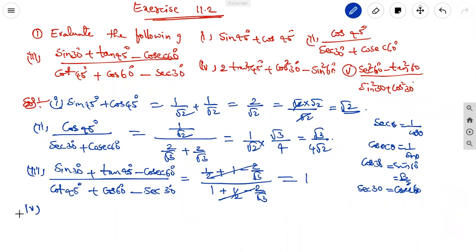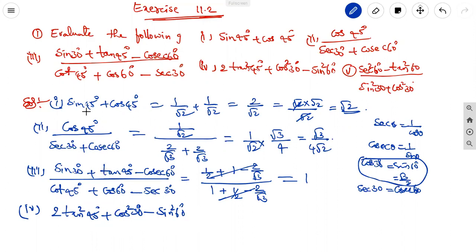Fourth one. 2 tan square 45 degrees plus cos square 30 degrees minus sin square 60 degrees. Here I already wrote sin 60 and cos 30 equal to root 3 by 2. We know that tan 45 is 1 only.